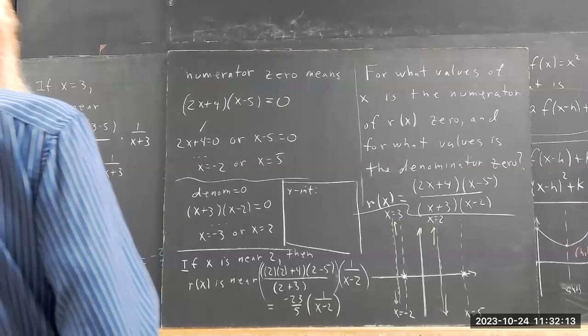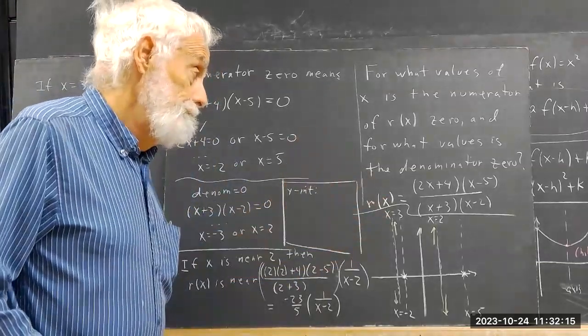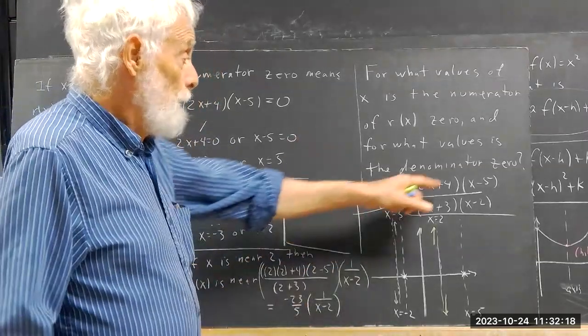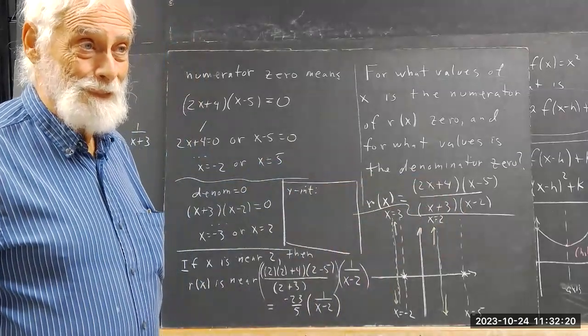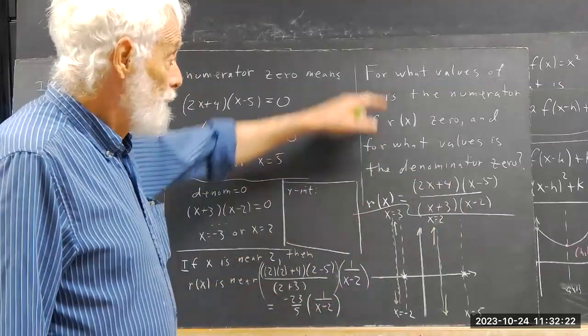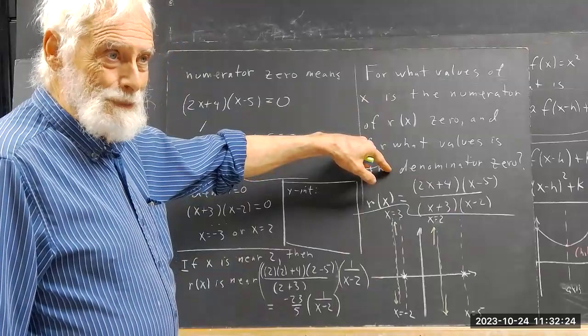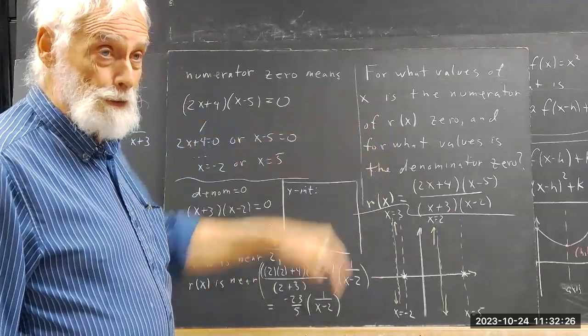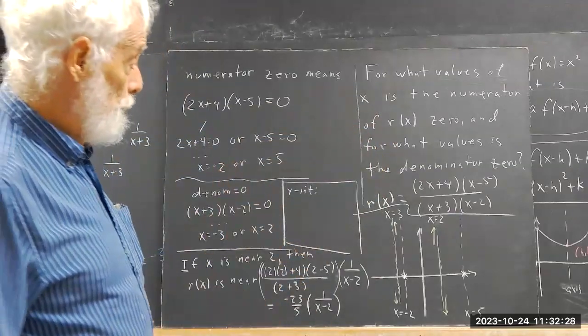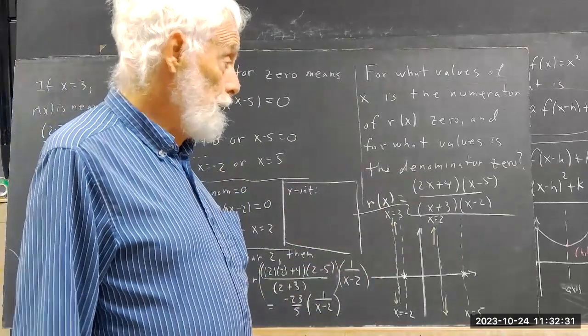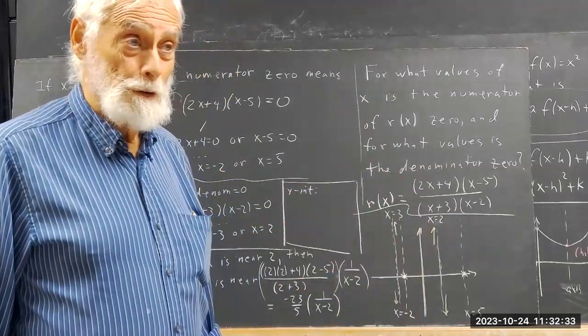Okay, and I'll make a comment that the majority of the class started by plugging in x equals 0. Okay. Now that doesn't answer the question, what's the numerator? When's the numerator 0 and when's the denominator 0? Because you know when you plug 0 in, you've got -20 for the numerator and -6 for the denominator, right?